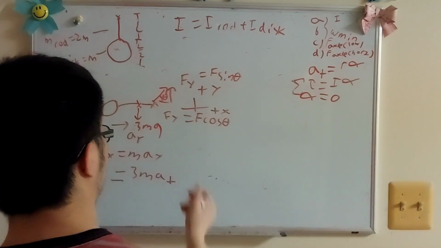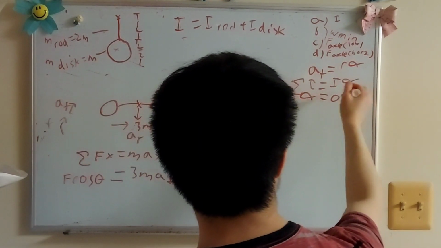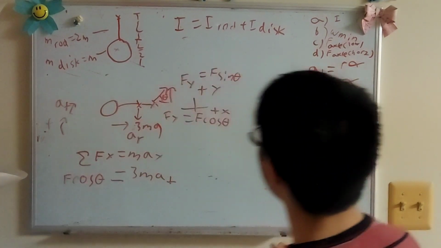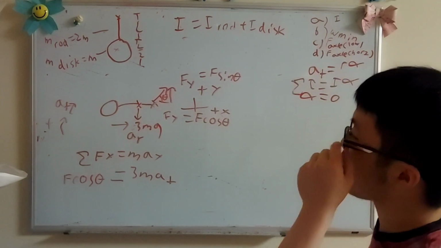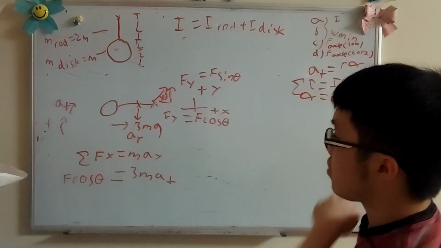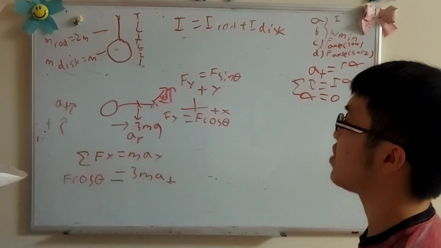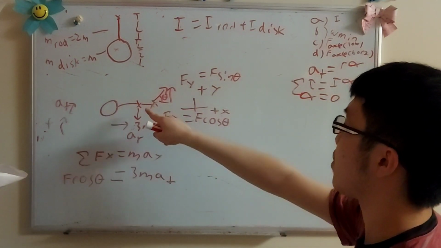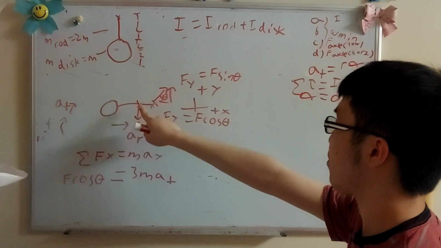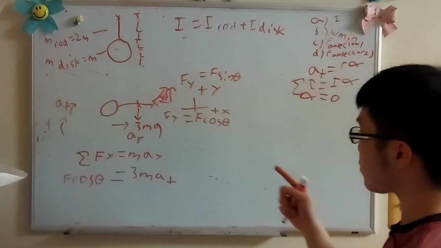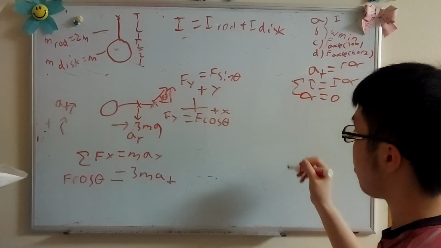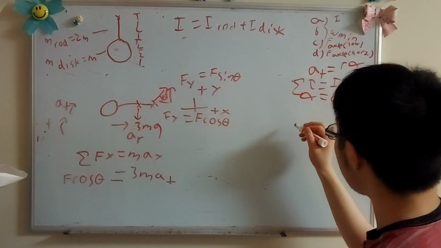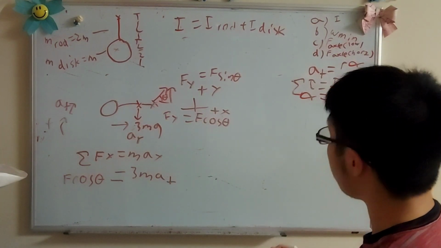I already told you how to find tangential acceleration and how to find omega. So let's look at the sum of the torques. Well, in the sum of the torques, this time there is going to be torque from gravity, because there's a distance separating where the force is acting and the axis of rotation, which is the center of mass. So that's solved.